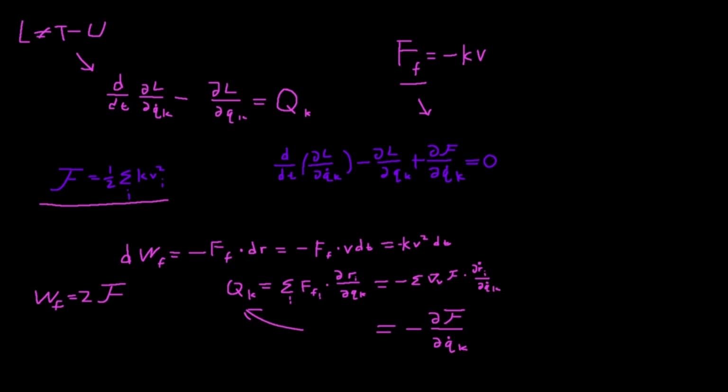So we have two scalar functions, the Lagrangian and Rayleigh's dissipation function, which must be specified to obtain the equations of motion.